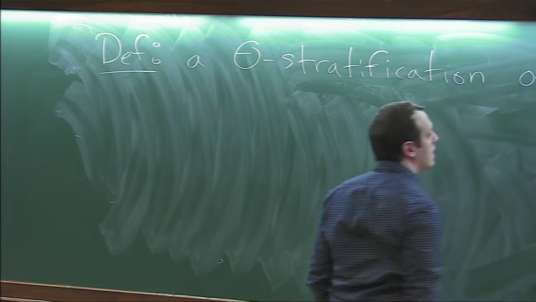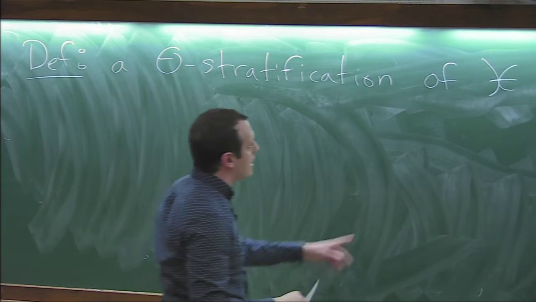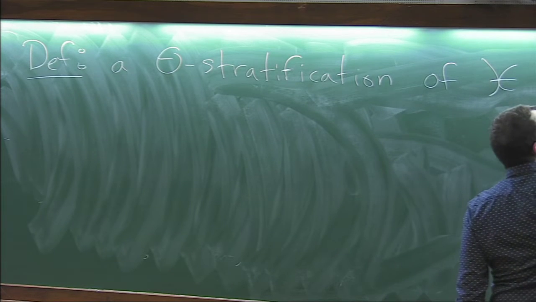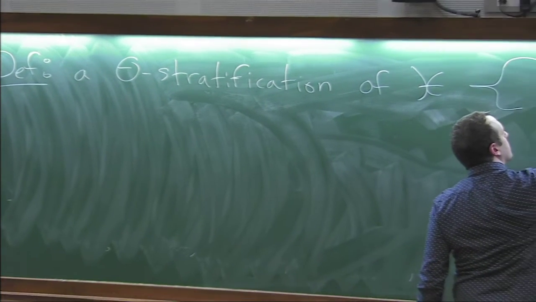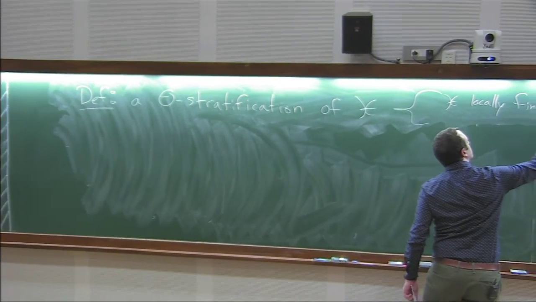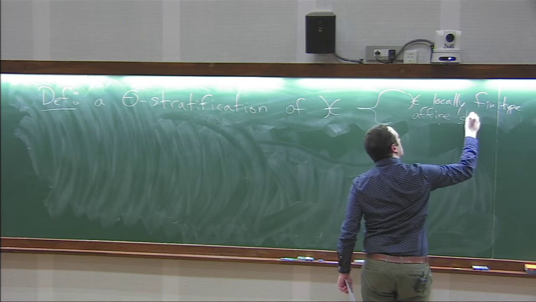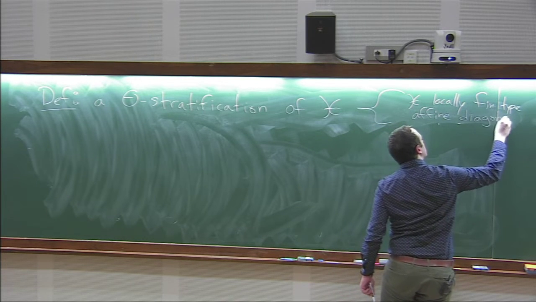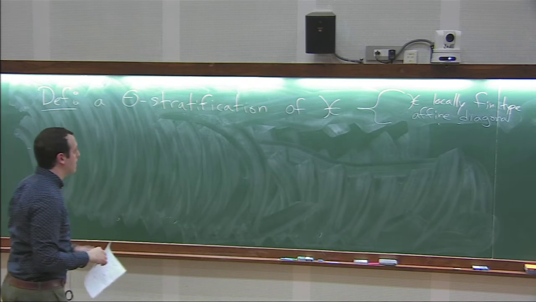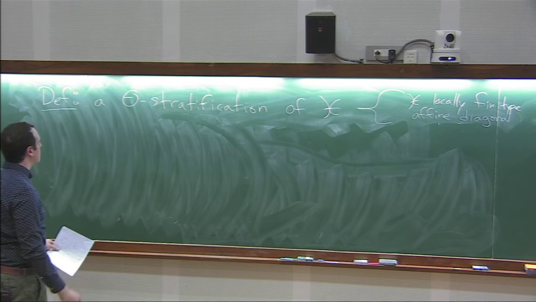A theta stratification of X, and here I'm going to assume, just for simplicity, that X is locally finite type and has affine diagonal. You can maybe do a little bit better, but this is fine. It's locally finite type over this fixed Noetherian base with an affine diagonal. This is most of the moduli problems that come up.